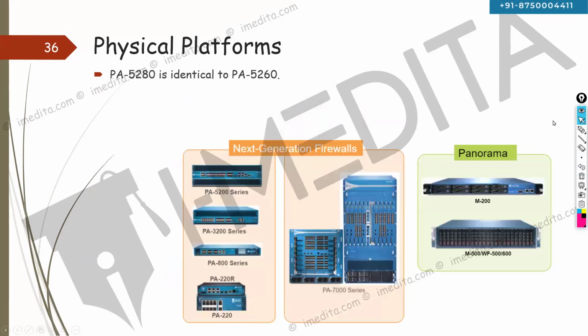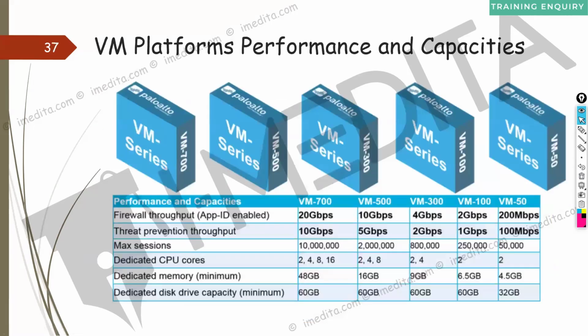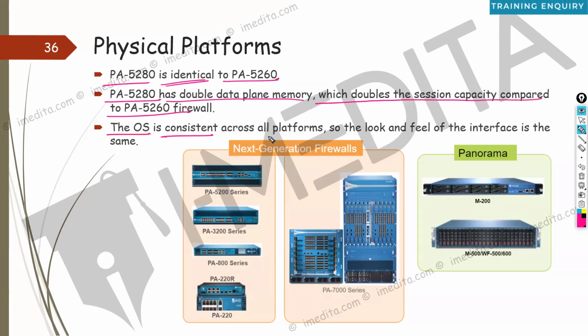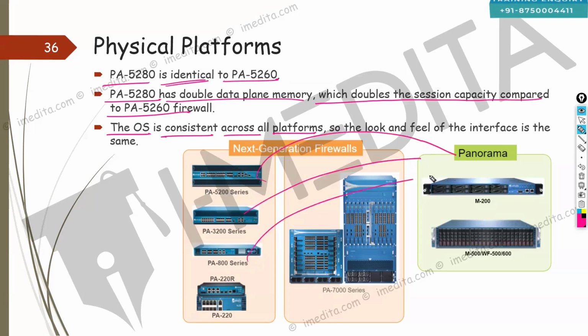Now, just to give you an idea, the 5280 and 5260 are identical, but the 5280 has double the data plane memory, which doubles the session capacity compared to the 5260. The OS is consistent across all platforms. The OS will remain the same. If you want to manage multiple firewalls, you can use Panorama.